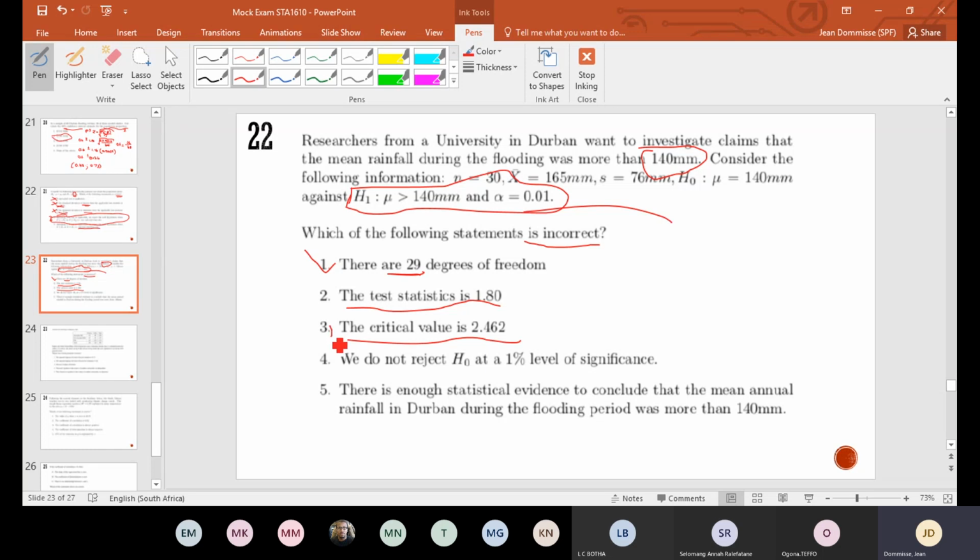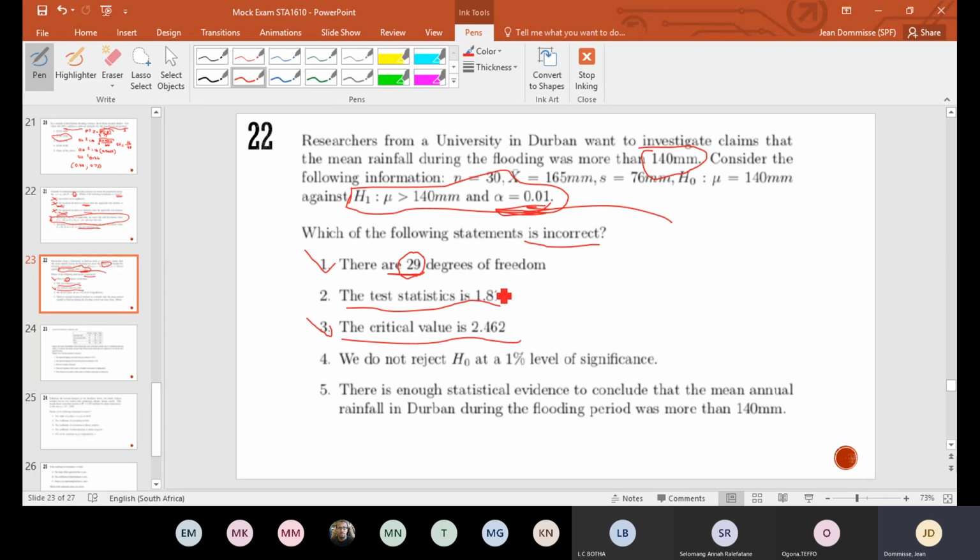So that one is correct. That is straight from the table where the degrees of freedom is 29 and the alpha is 0.01. Because we are working with a one-tail test, you don't divide that by 2.